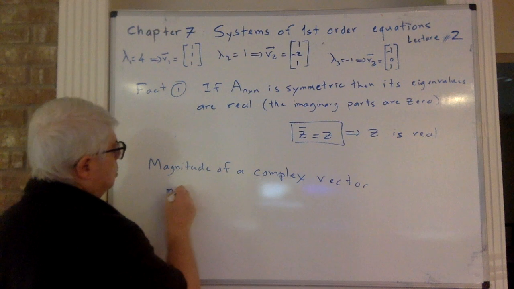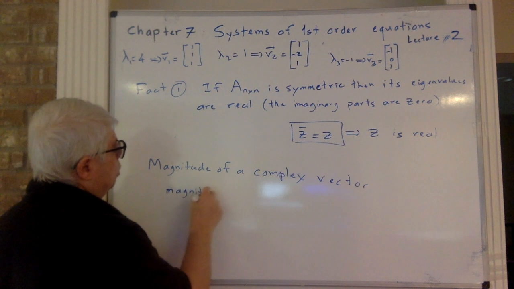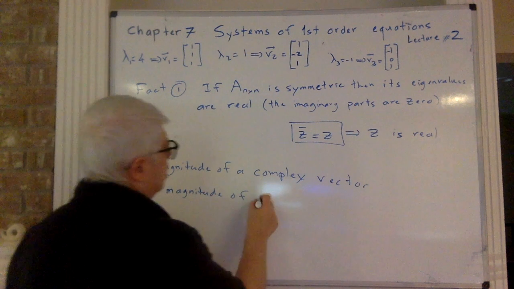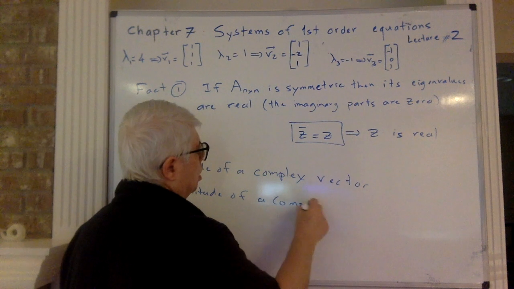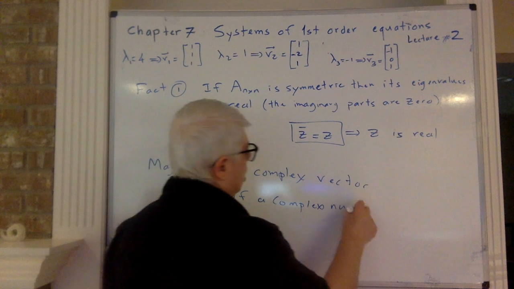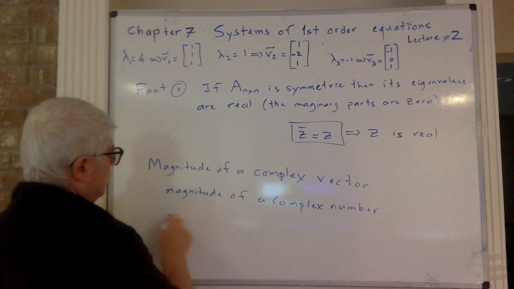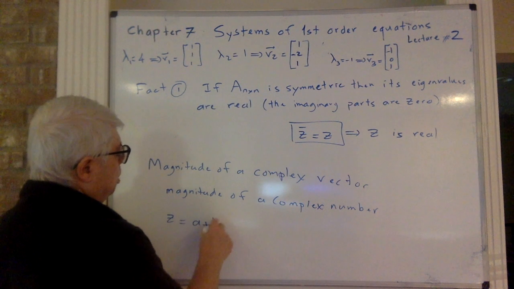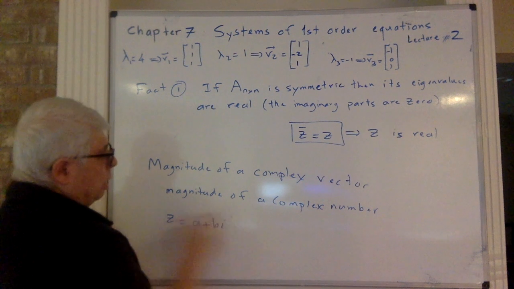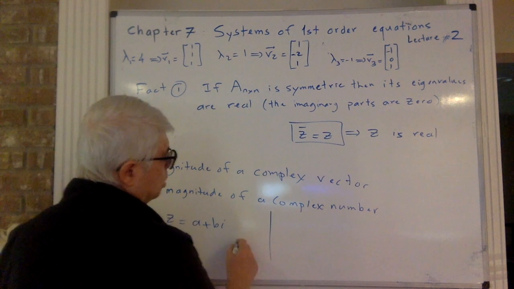So the magnitude or length of a complex number: if I have Z equals A plus BI, we can represent this as a vector like this.